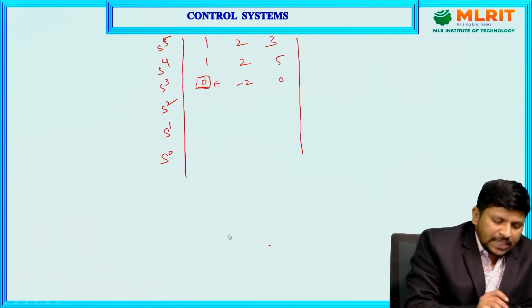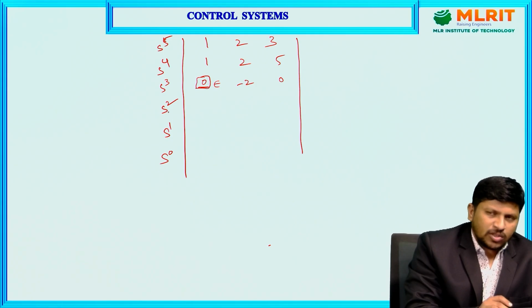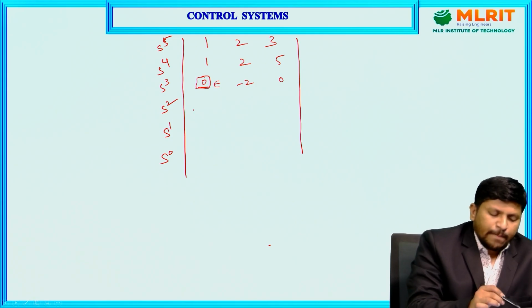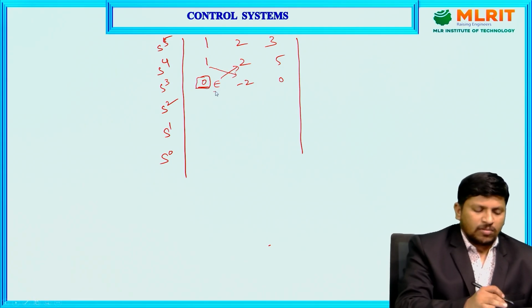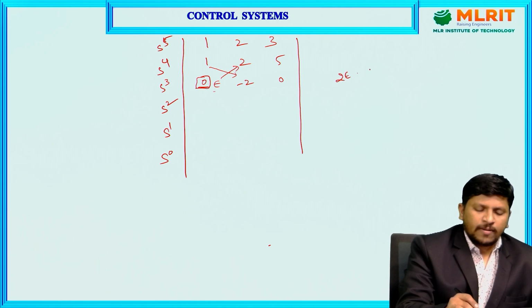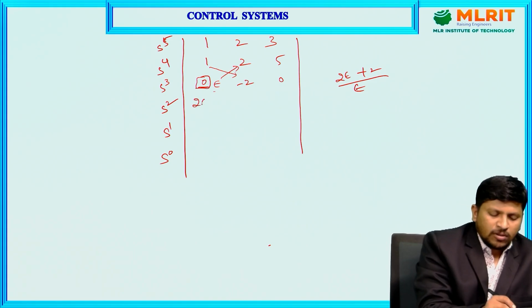Now for the s square row elements: epsilon multiply with 2 and 1 multiply with minus 2, divided by epsilon. Epsilon is our base now. So 2 epsilon minus of minus 2, that is plus 2, divided by epsilon. So the value is 2 epsilon plus 2 divided by epsilon.